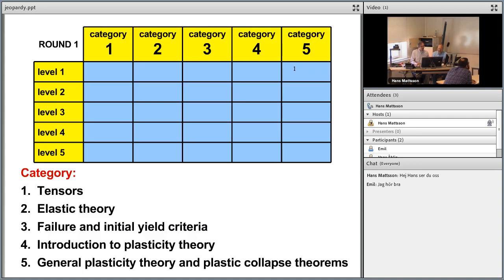Very good. And then we go to group number 2 that chooses a question, category and a level.